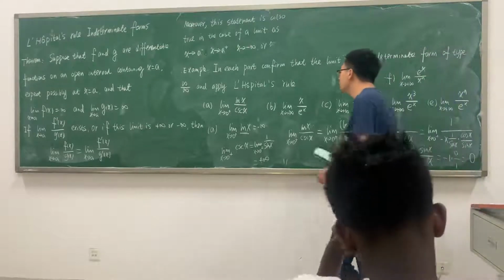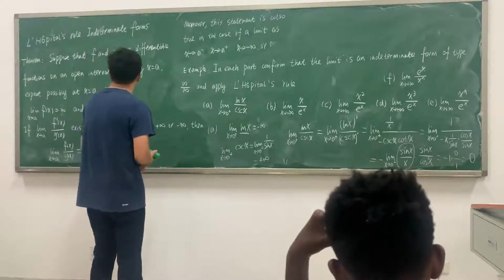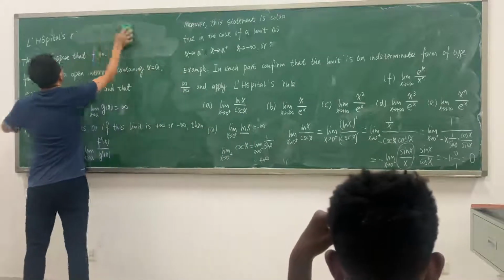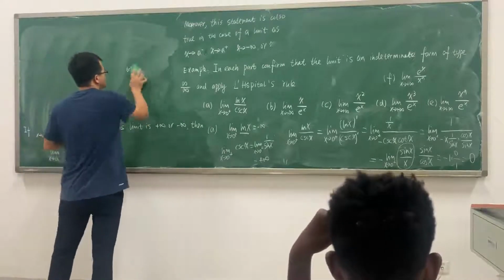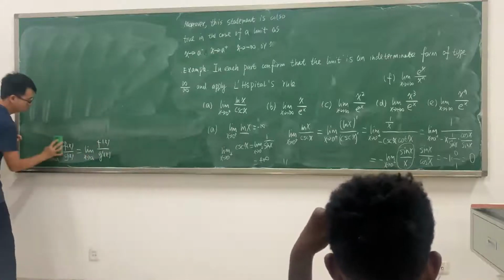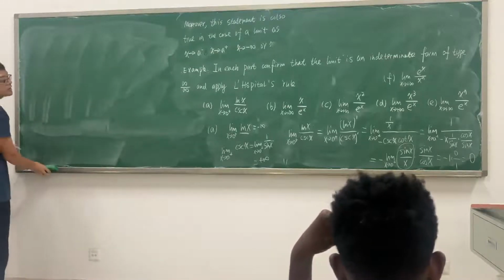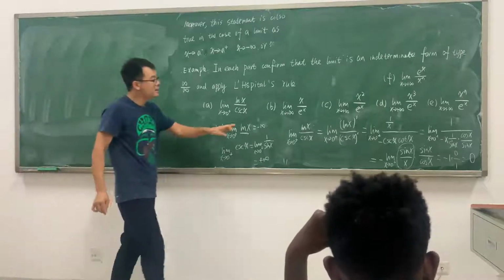So this is the first one. Now for the second, x by e^x.